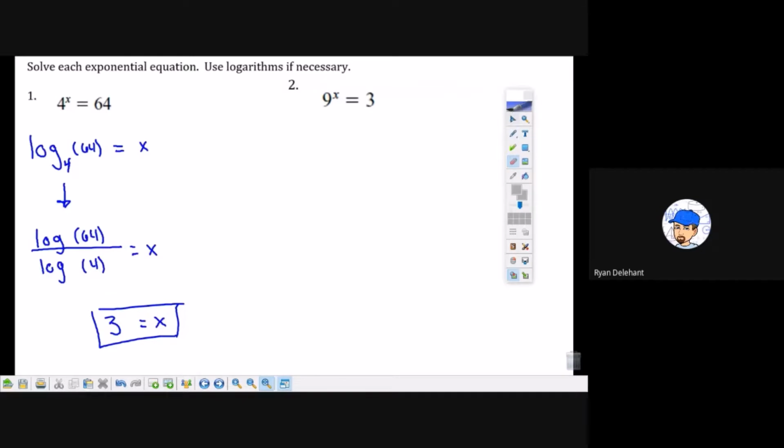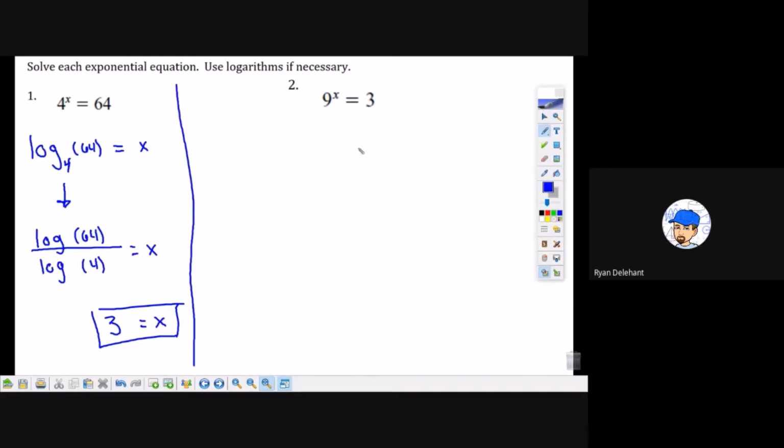And we can do the same thing with this second one. If we work through that problem, and I'm going to do this one two different ways because I want to show you when we get to some of the more difficult problems, the change of base, in my opinion, becomes a little bit tougher. We're going to learn a different way to apply this that I think works a little bit better.